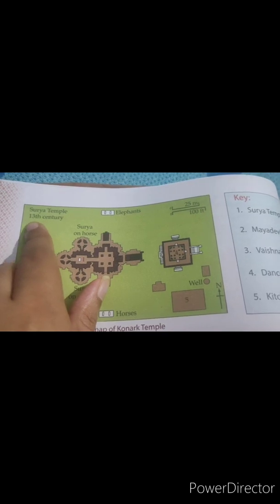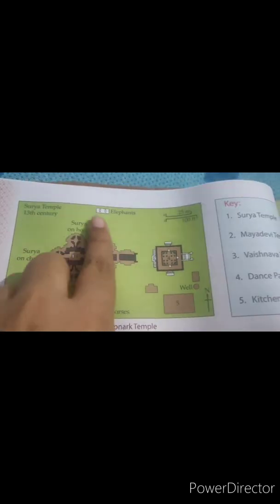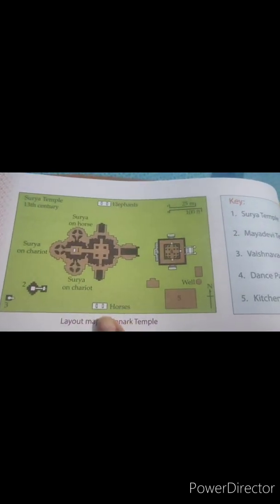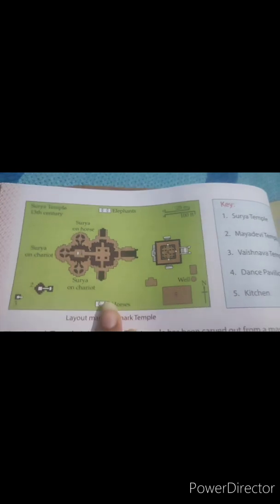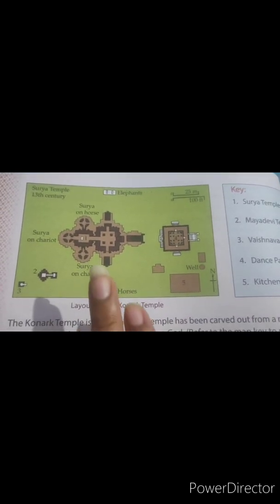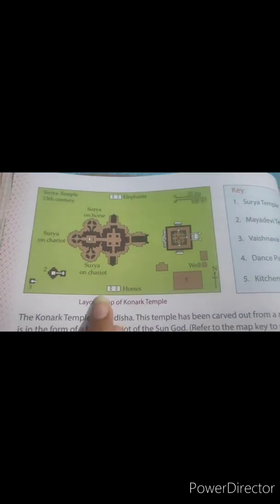Here it shows the Surya Temple, it is of the 13th century. Here are the elephants, here are the horses, and so on. You will find so many things. So this is the layout map of the Surya Temple, or you can say Konark Temple. The Konark Temple is in Odisha.